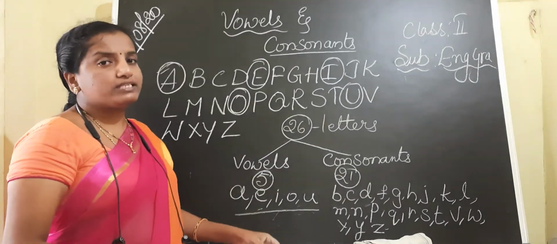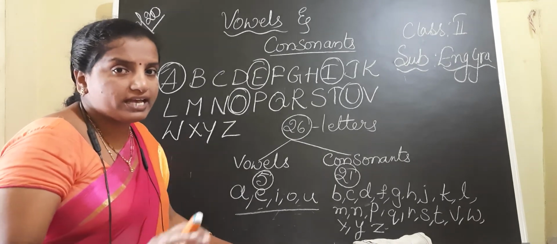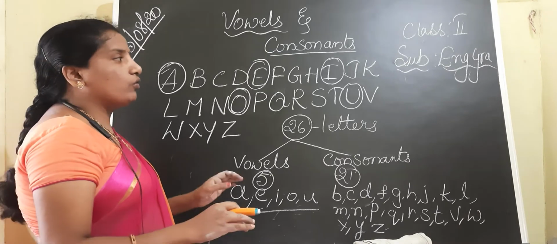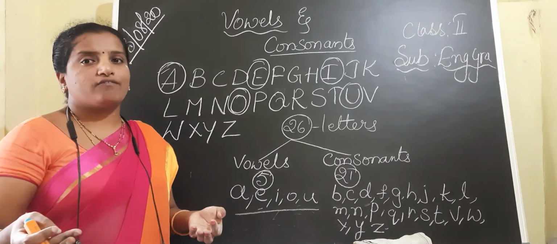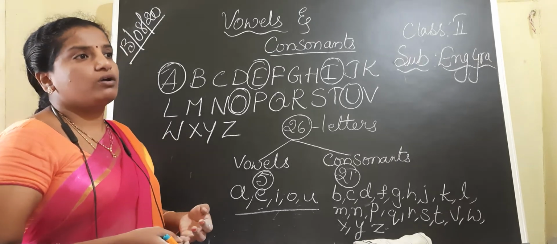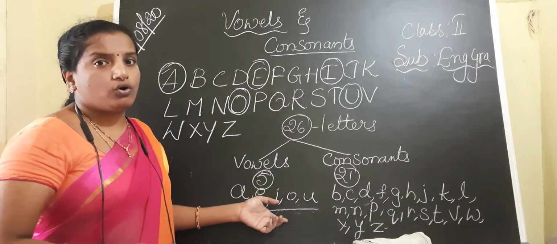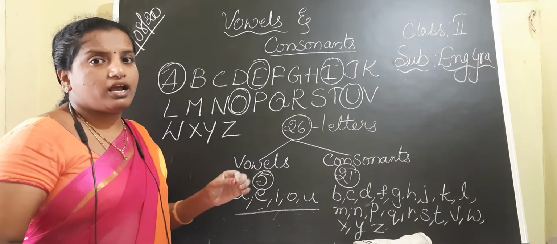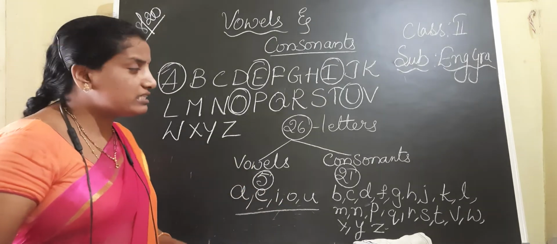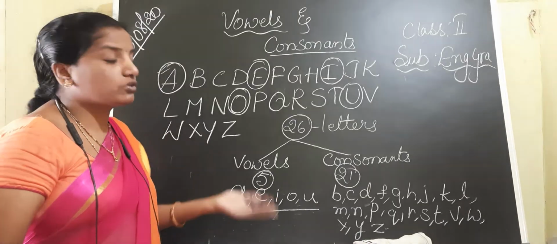And the remaining letters are known as consonants. If you remember the vowels, you can easily remember the consonants also. A, E, I, O, U are vowels, whereas the remaining letters are consonants.